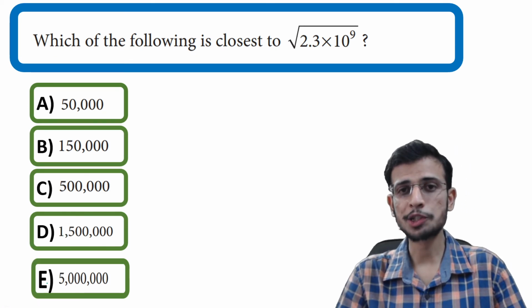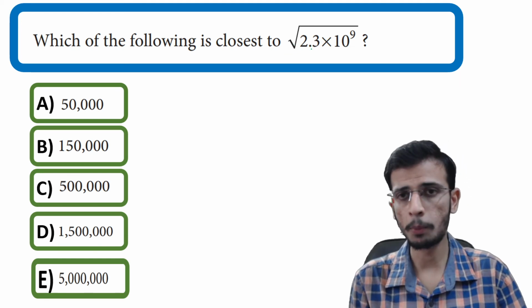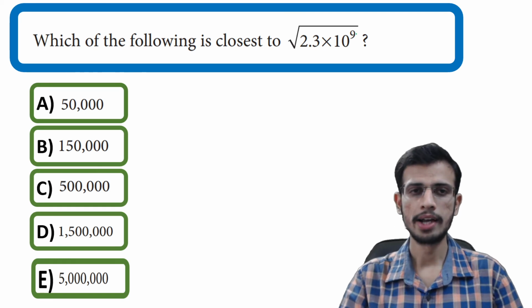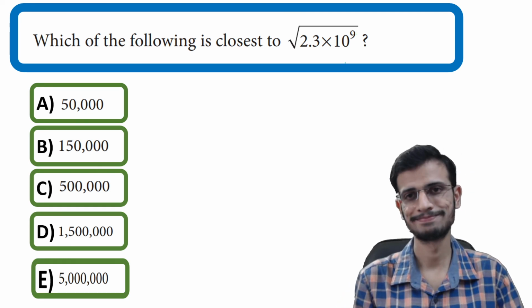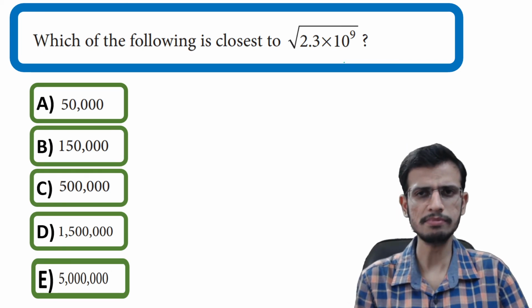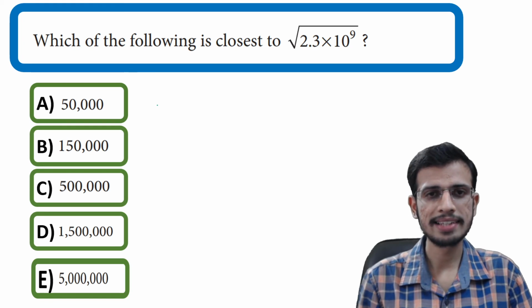Which of the following is closest to the square root of 2.3 into 10 raised to 9? We have to take the square root of this and choose the closest option from the following 5 options. So it's very easy, I think. We can just simplify this.